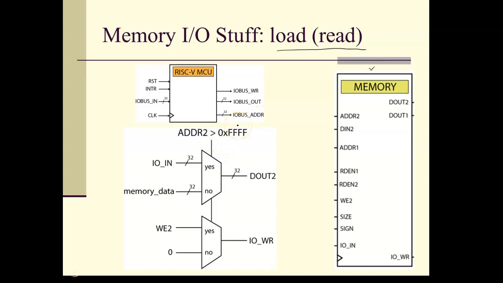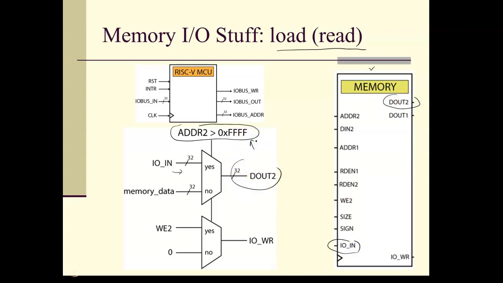When I'm reading, I'm either taking something at a particular address and putting it on the output, or it could be an I/O where I'm taking something from the outside world and putting it on the output of memory. When I'm doing an I/O, the address is above FFFF, and it's going to feed this input down here and stick it on that output up there.